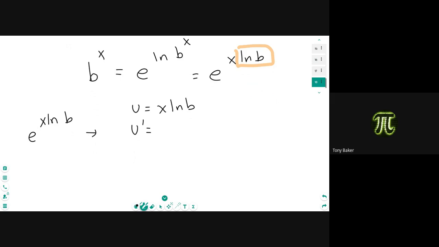It's whatever's left in the constant, right? So in this case, it would be ln of b. f of u is e to the u, so f prime of u is e to the u, right? Yes? Okay.